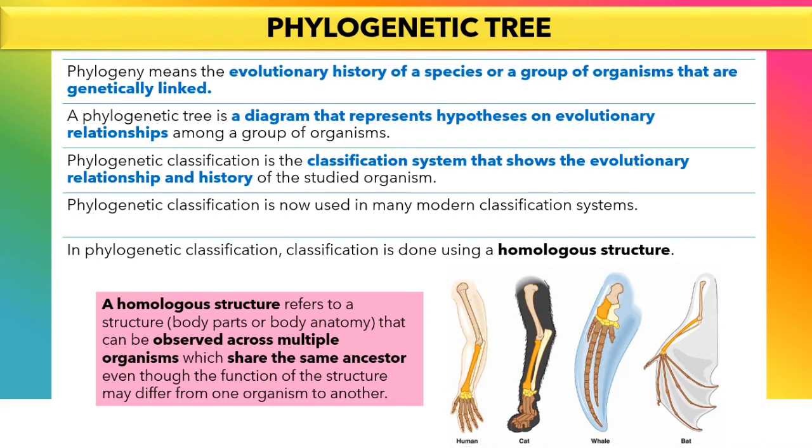You can see the upper limb of the human, the cat, the whale and the bat. The human, cat, whale and bat are mammals, so they share some ancestor.